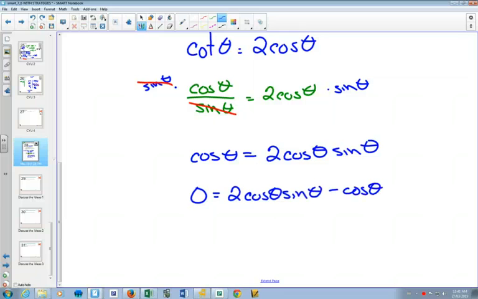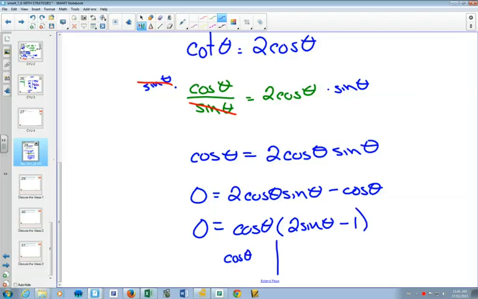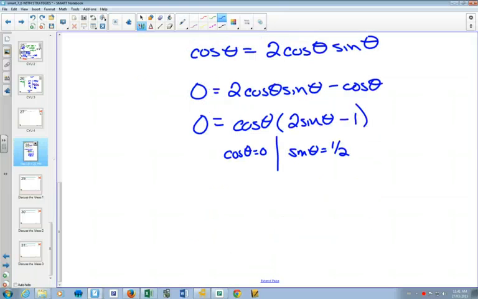So instead, we make one side equal to 0, and we factor instead of dividing. I can take out a common factor of cos, leaving me with cos theta times 2 sine theta minus 1 equals 0. Which means cos theta, which we already knew could be 0, and the other part says that sine theta could be 1/2. Both of those are on our unit circle.